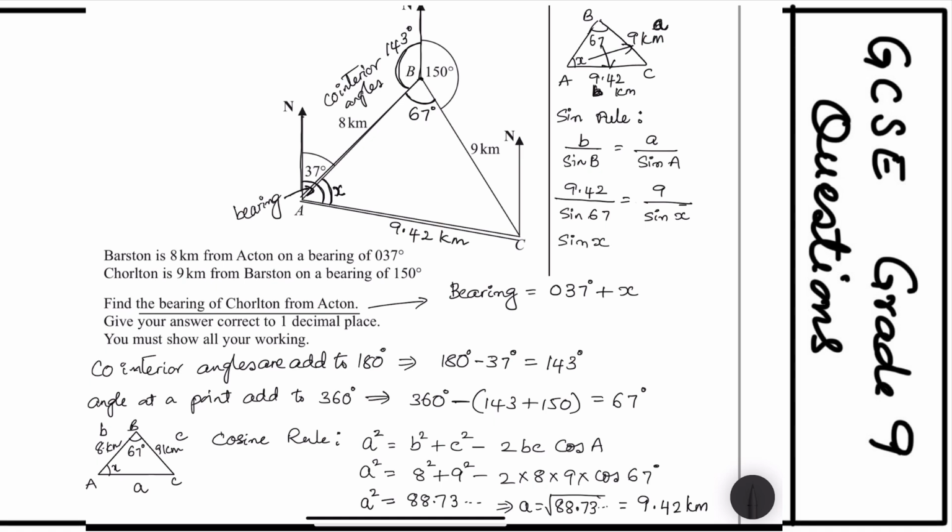Sine x is equal to 9 times sine 67 over 9.42.